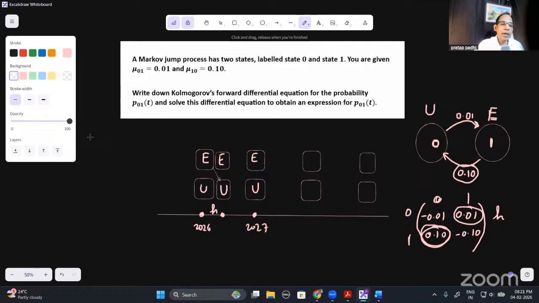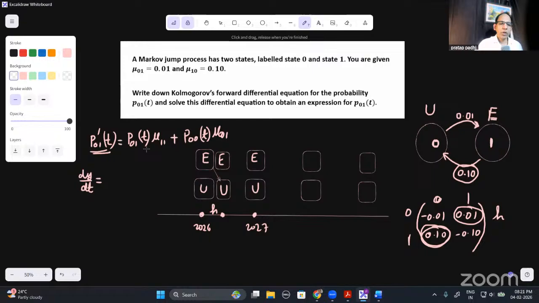So I will write d/dt of P01(t) equals P01(t) mu 1,1, because I want 0 to 1, plus P00(t) mu 0,1. Then suppose this is my y dash, dy/dt.